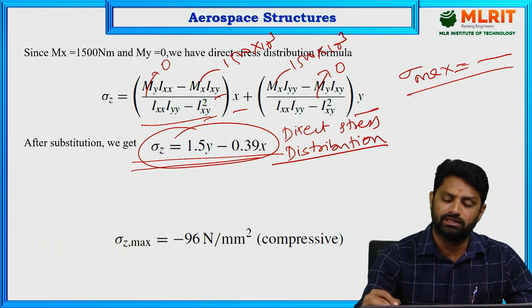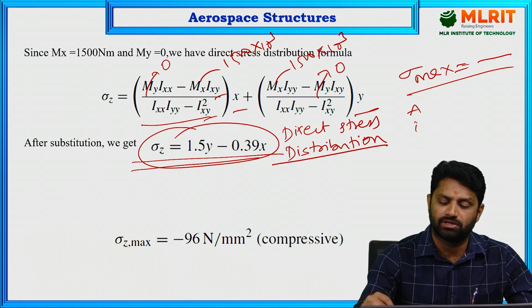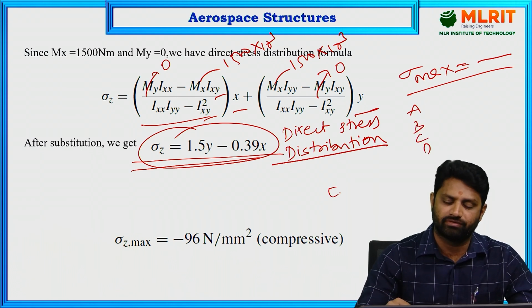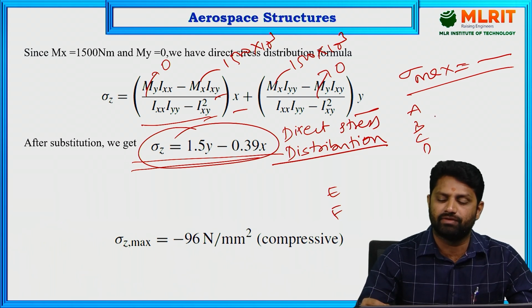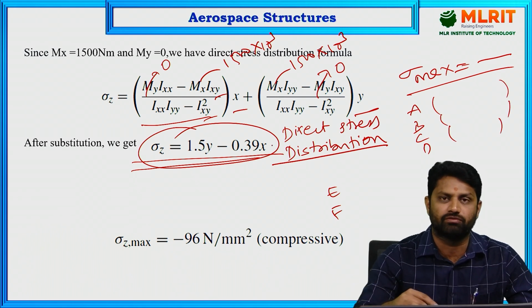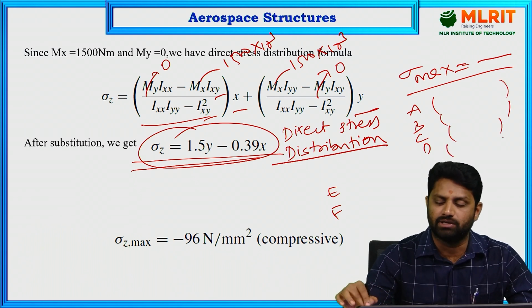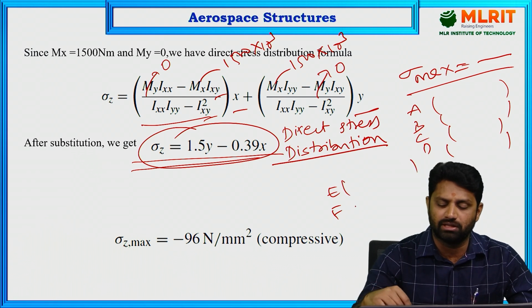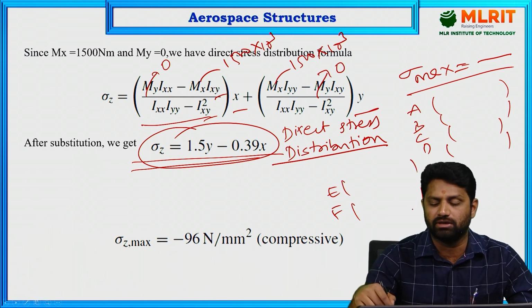You have to write the coordinates of A, B, C, D, similarly E, F. For each and every point you need to write the x coordinate and y coordinate, and then substitute in this distribution for sigma z, and you will get some value.